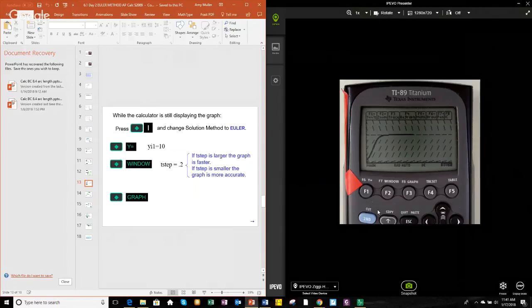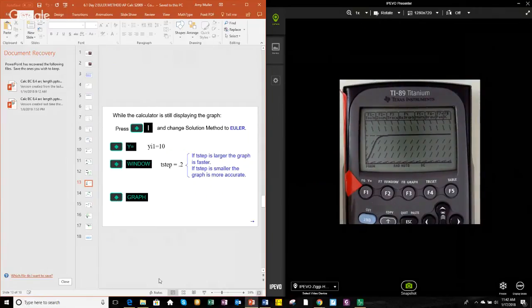This calculator is doing the t-step where it's doing the delta x over and up delta y, using that very approximation method that I went over just a second ago, where you have x and y and you use the slope at that point to approximate the delta y, and then add that to y, and you come up with a new point. And that is Euler's method visually right there.